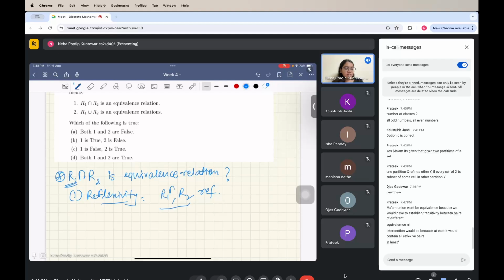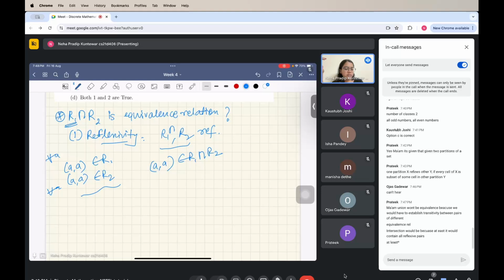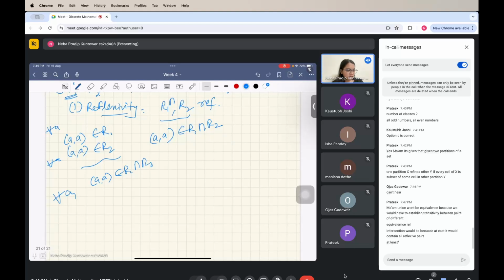And if you take an intersection of that, you would end up getting all the pairs (a, a) in R1 intersection R2, because (a, a) is there in R1 and (a, a) is also there in R2 for all a. So if you take an intersection, you would end up getting all these elements in R1 intersection R2 for every a. So therefore this is reflexive.